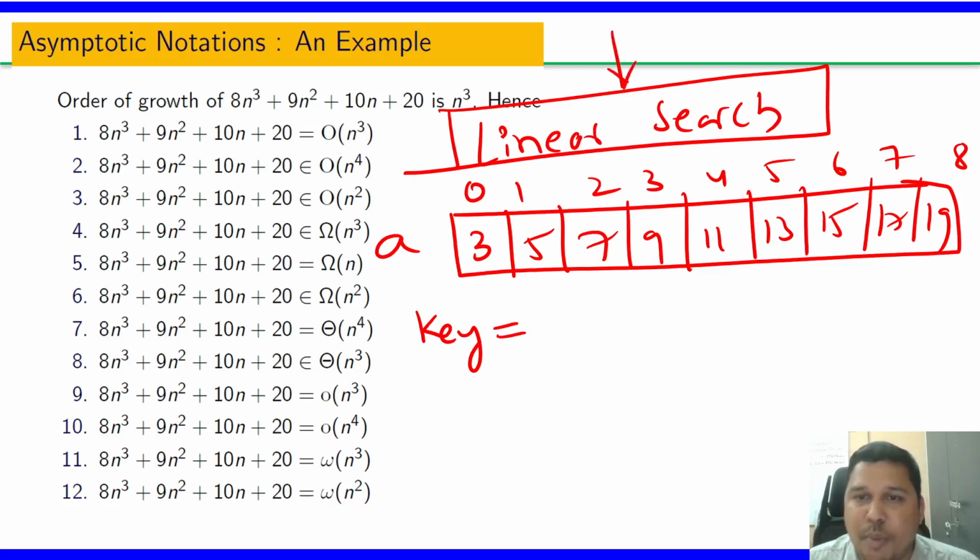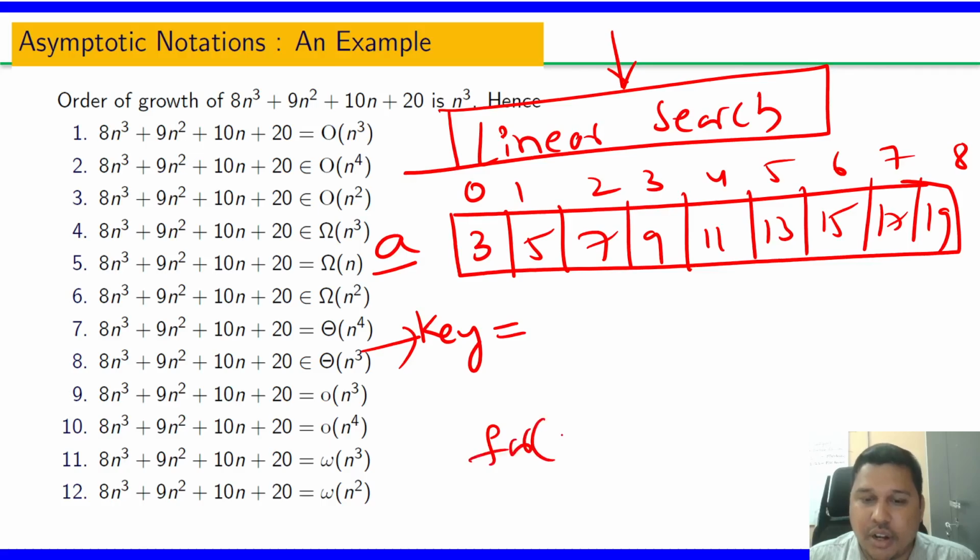This is an example problem I'm explaining to you. You have an array A with some elements. Given a key, find out whether this key element is available in this array or not. Check whether it is available or not. How does this logic work?